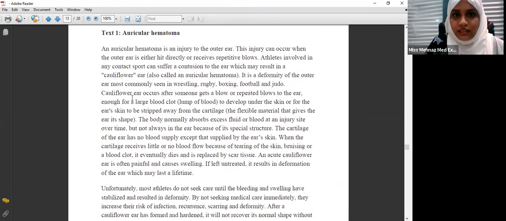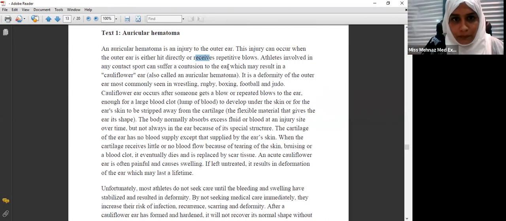The first answer is due to repetitive blows. But the text says it can either be a hit that is direct or from receiving repetitive blows. So it's not only repetitive blows, and the first answer is going to be wrong.